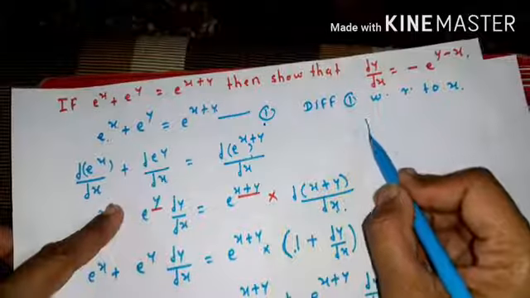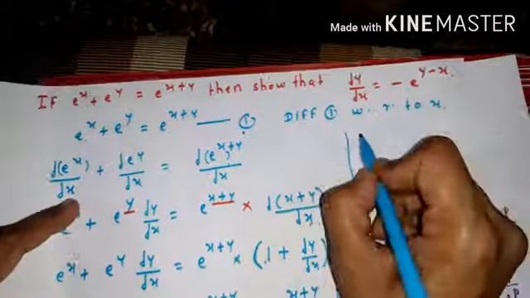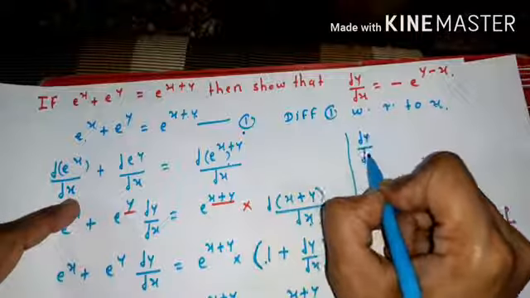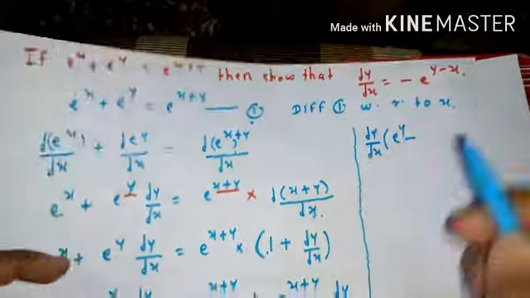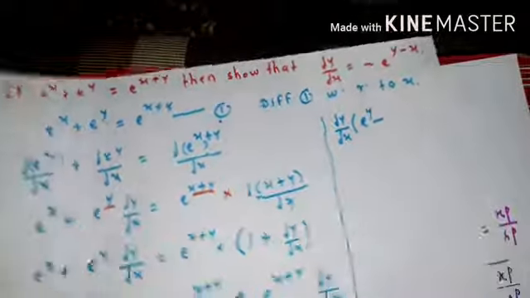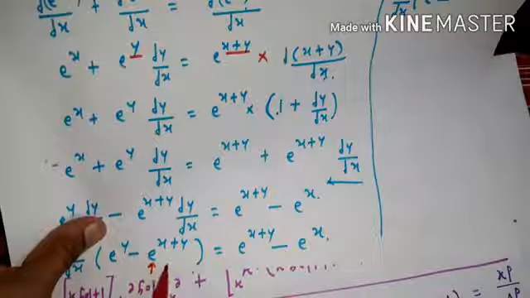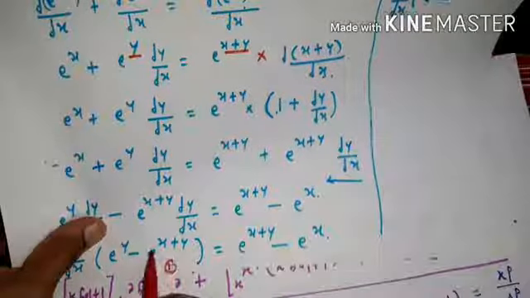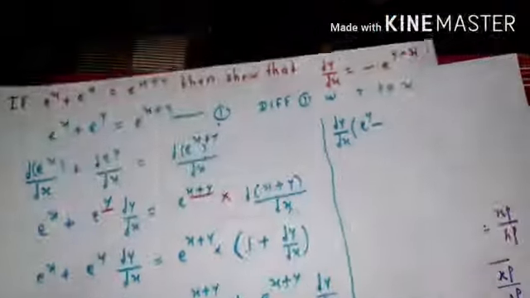So put these values, put the value, that is dy by dx into e raised to y minus, put this value from 1, that is e raised to x plus y is e raised to x plus e raised to y.